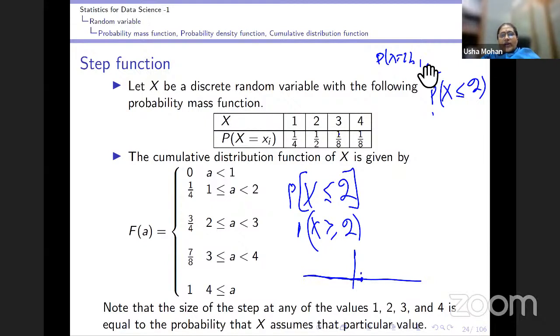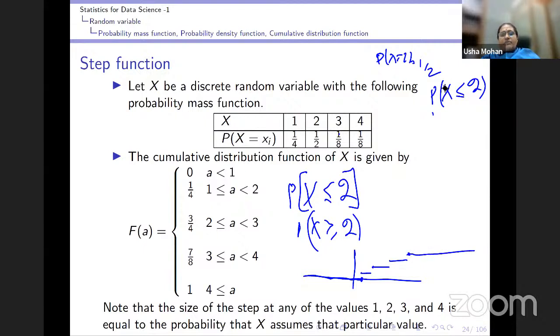At A equal to 1, it takes 1/4. It remains at 1/4 till it hits 2. Once it hits 2, it is 1/4 plus 1/2, which is 3/4. It is 3/4 till it hits 3. Then it takes the value 7/8. After this, it takes the value 1 and remains 1 after that.